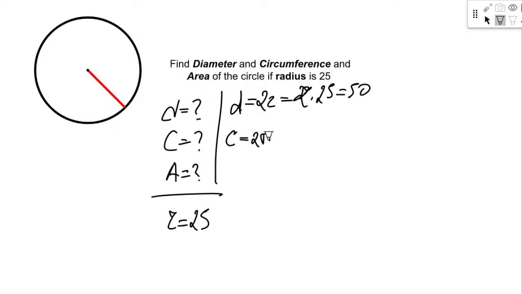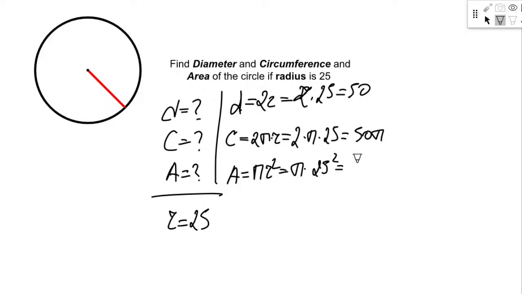C equals 2 multiplied by π multiplied by r, which is 2 multiplied by π multiplied by 25, and it would be 50π. And area, let's find it. It's going to be πr squared. It's going to be π multiplied by 25 squared, and as far as I remember, it should be 625π. Let's check it.